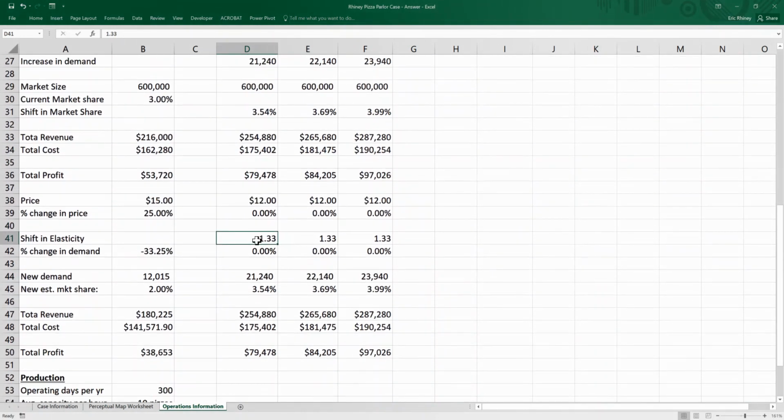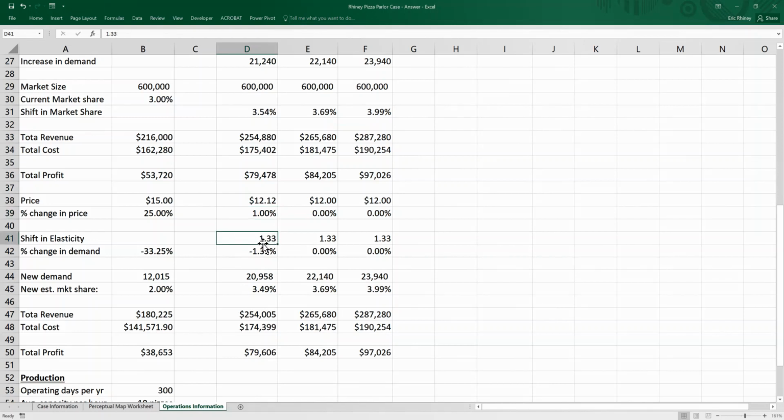So right now our elasticity of demand is 1.33. And again, if we change this to 12.12 cents, we can see what the shift in demand will be from our original demand up here by changing the sauce, etc., and what our cost would be. So right now we're almost at 21 in terms of the number of pieces that would be demanded.